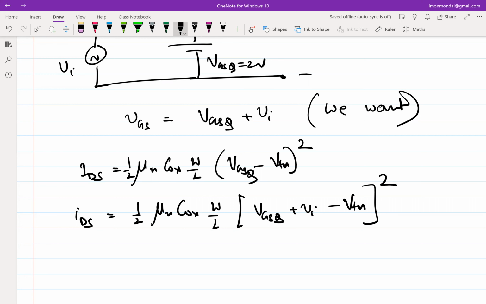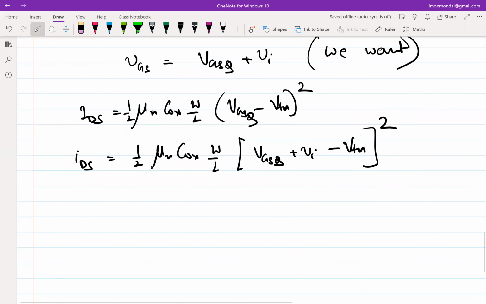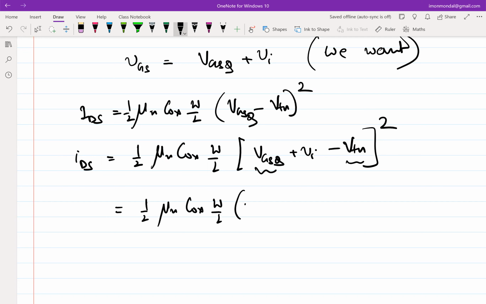So your total ID will be, right? If I expand this and club these two terms together, I will get some term plus that cross product term. Recall we wanted that cross product, right? Amplification required that cross product.